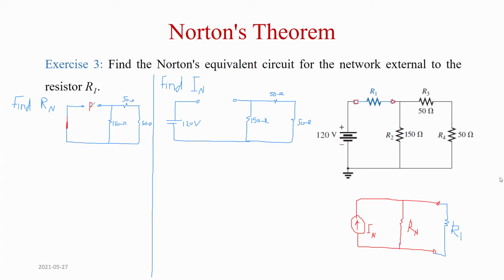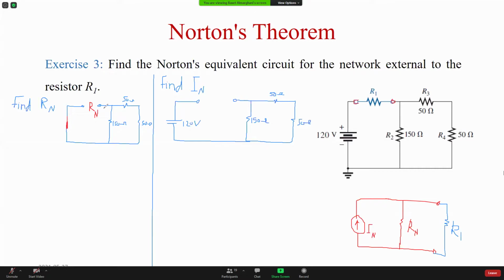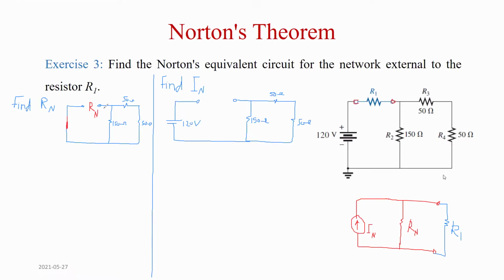And this is where I find Rn. This is the change I make because I want to find the total resistance. I don't want sources. When I remove them, I should replace them with a zero value. So if it's voltage, the zero voltage is a short circuit. If it's a current source, the zero current is an open circuit.